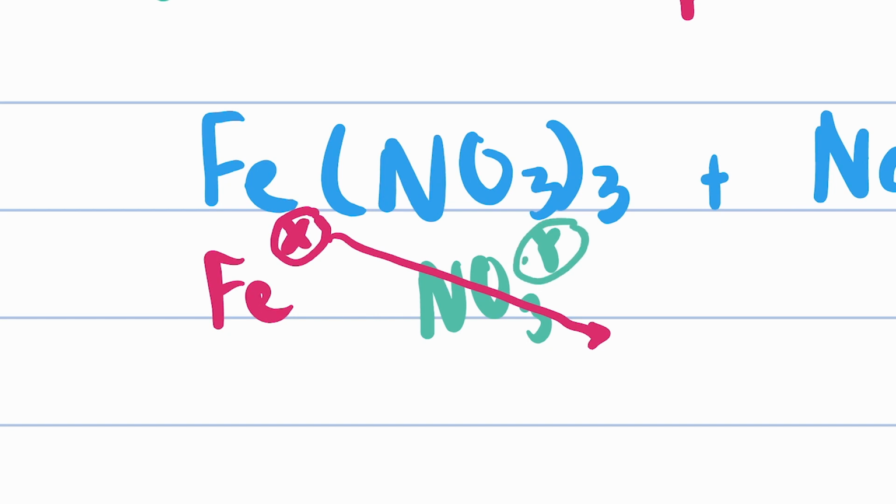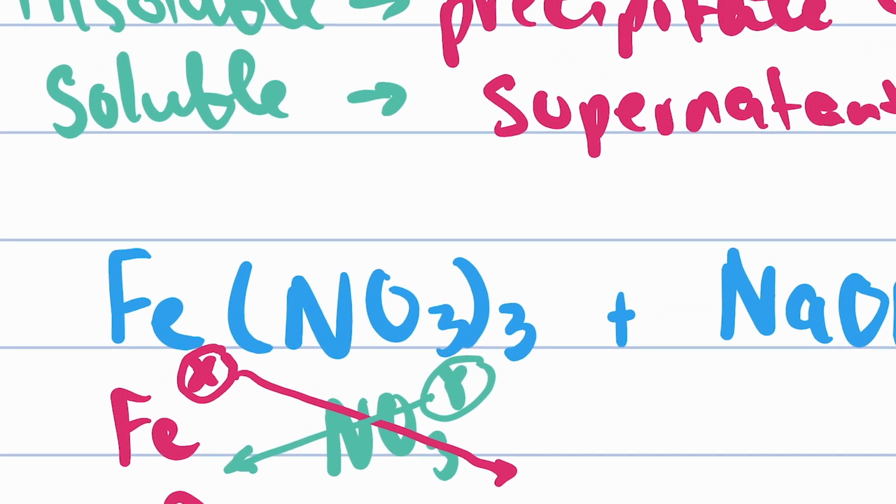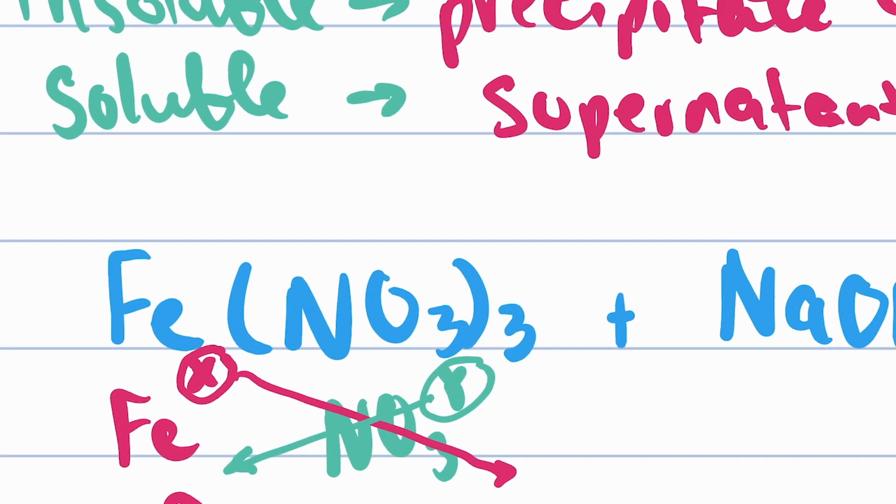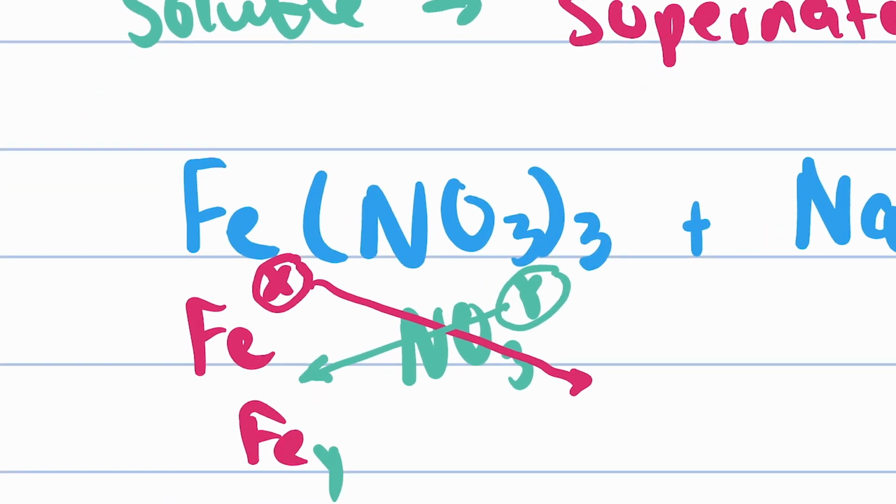In my example, the Y, which is a charge, will come down and become a subscript on iron, and then we have NO3, and that X, since it's a polyatomic ion, you have to write in parentheses, and then the charge comes down.